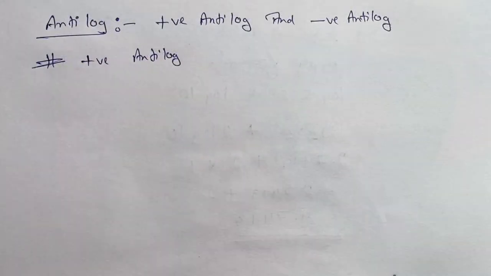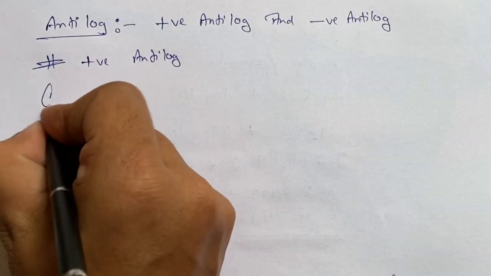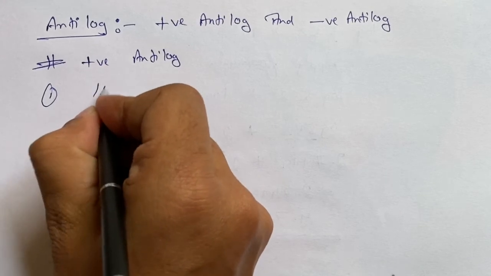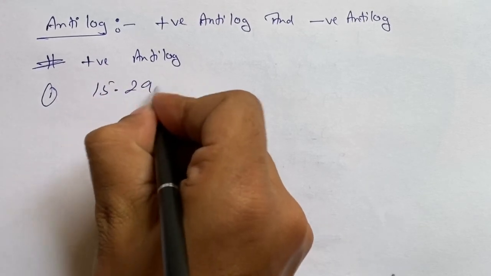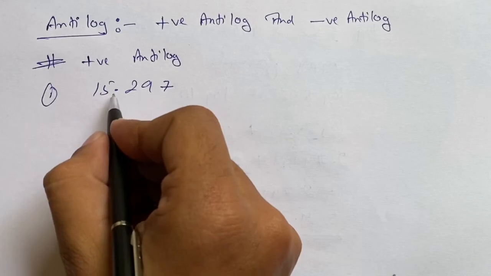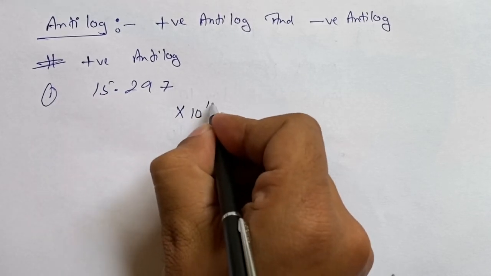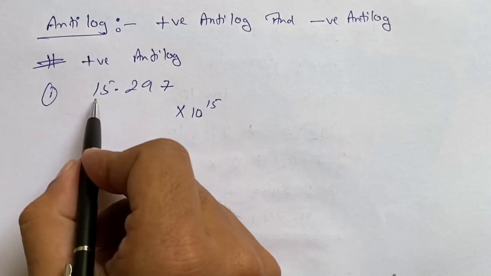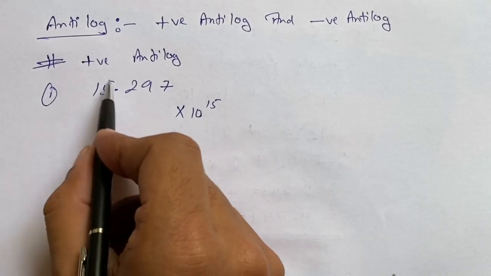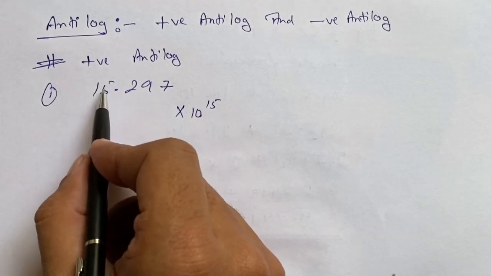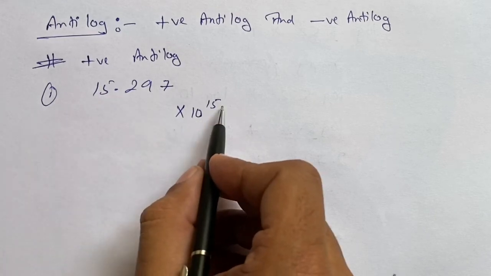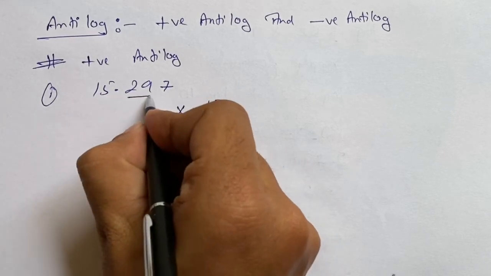Dear students, let us take example number 1. I am writing 15.297. Before point in antilog, it will go to 10 raised power. Before point, the number is 15, so it will go to power. Now pair it.